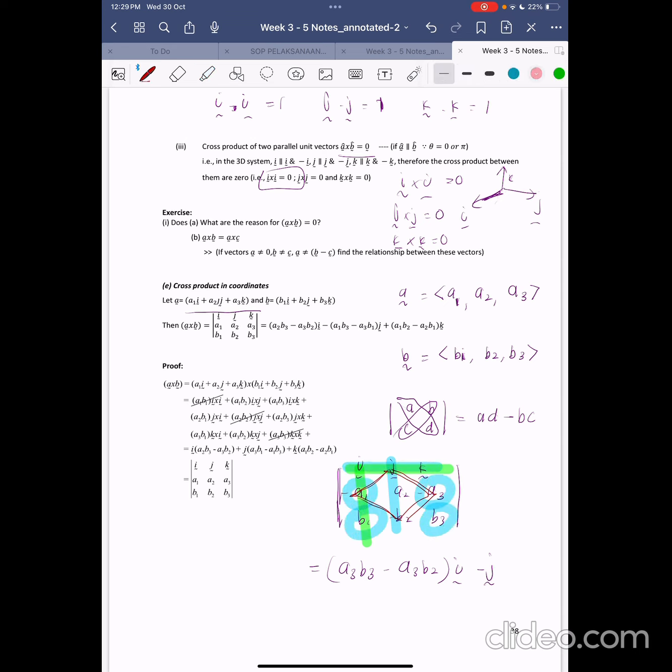So for the J part, it will be A1 B3 minus A3 B1.